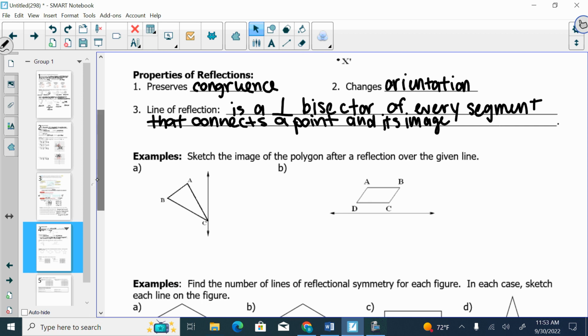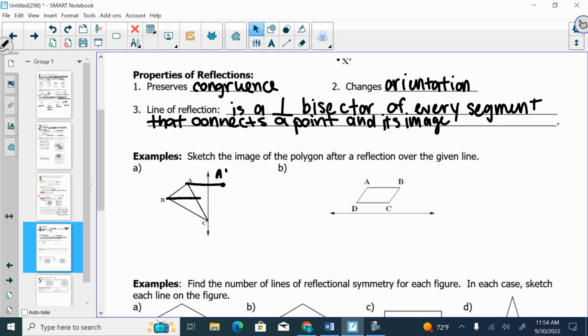It says to sketch the image of what the polygon would look like after it's been reflected over the given line. So the line with the arrows is like your line of reflection. They're saying sketch what you think it would look like on the other side. Well, it should be a mirror image, right? Point A should have something that matches it pretty much in the same spot over here that we would call A prime, right? So those map to each other.